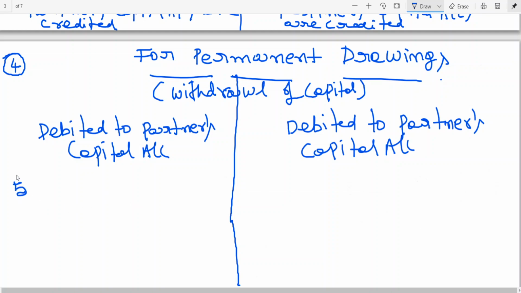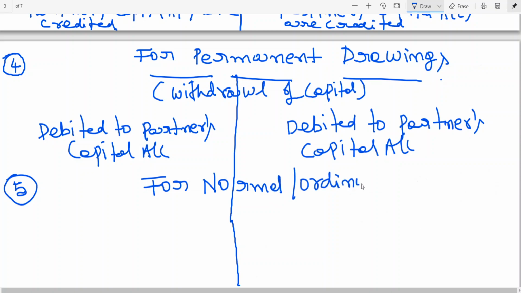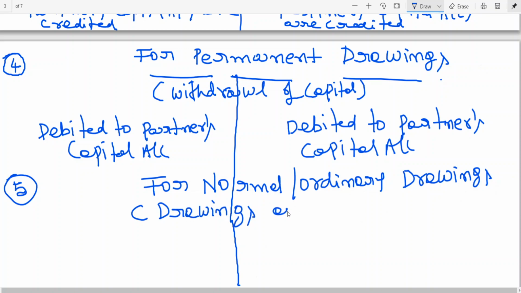Then the fifth point, after permanent drawings, is normal or ordinary drawings. This is also called drawings against profit or income, called normal or ordinary drawings.